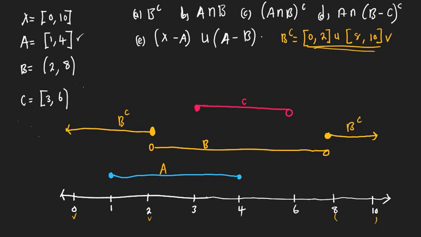This was set A. So where A and B are intersecting is this set. So where 2 is and where 4 is. But 4 is part of A and is part of set B. But 2 is part of set A, but it is not part of set B.